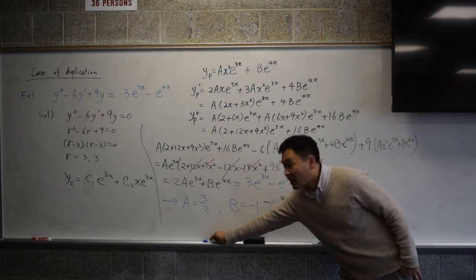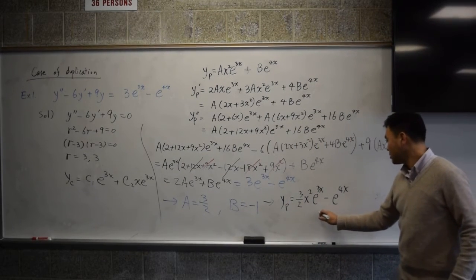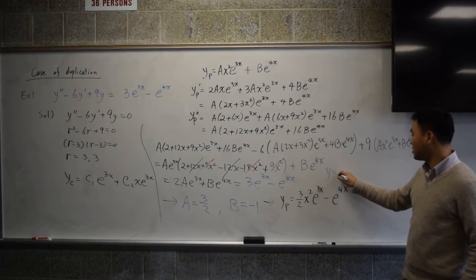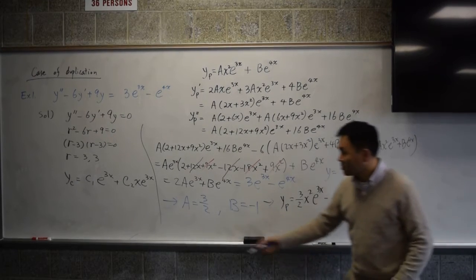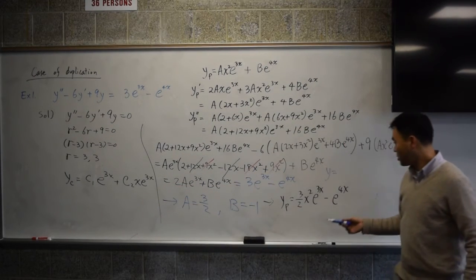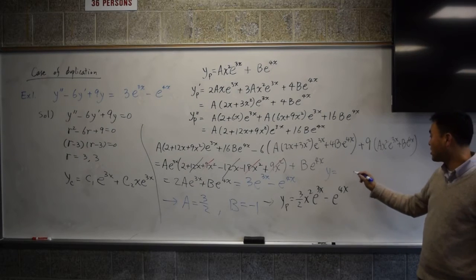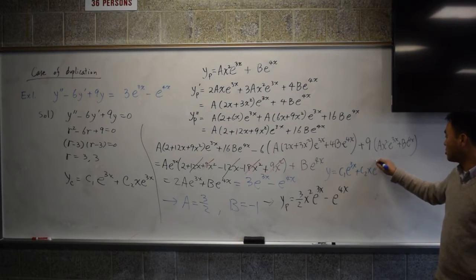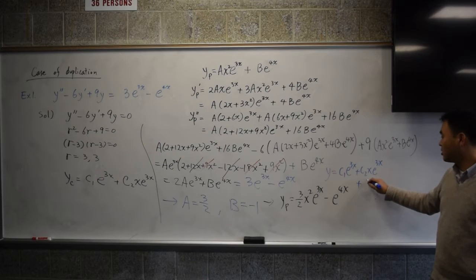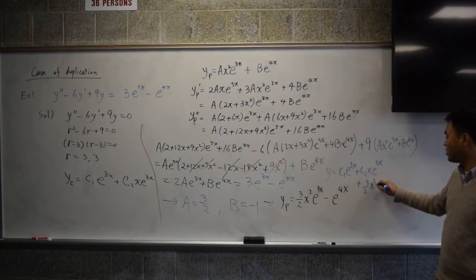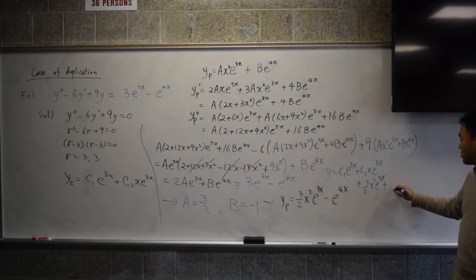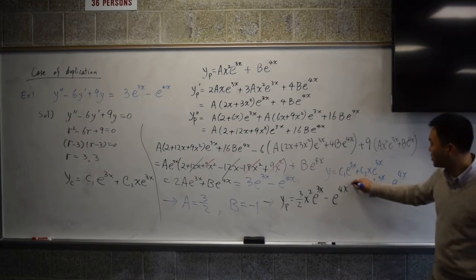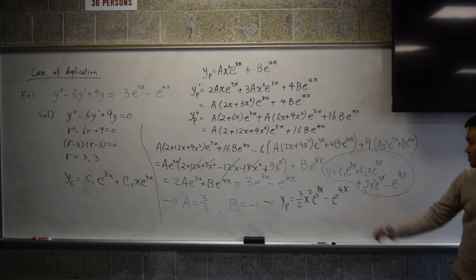And therefore, the final answer is, let's write it here. The final answer is the complementary plus the particular, that's the final. So C1 e to the 3x plus C2 x times e to the 3x plus 3 over 2 x squared e to the 3x plus, actually minus, e to the 4x. So that's the final answer.